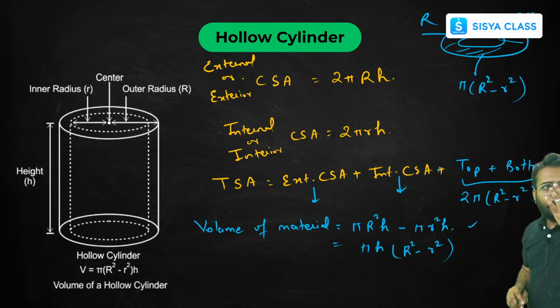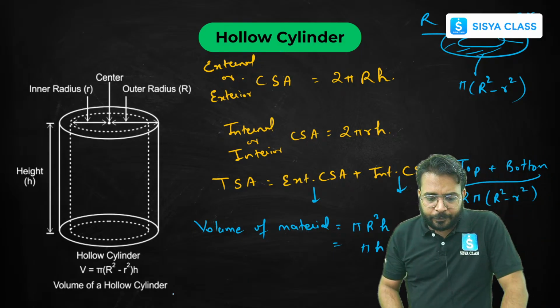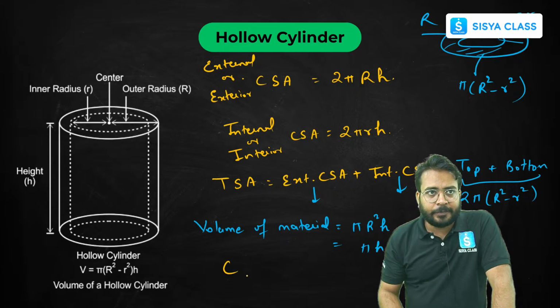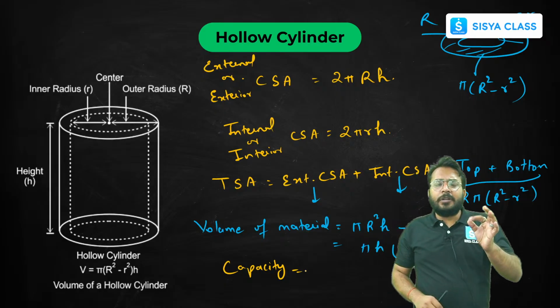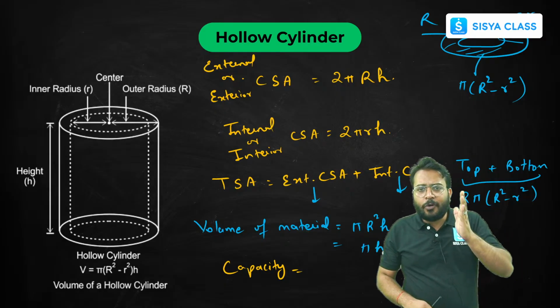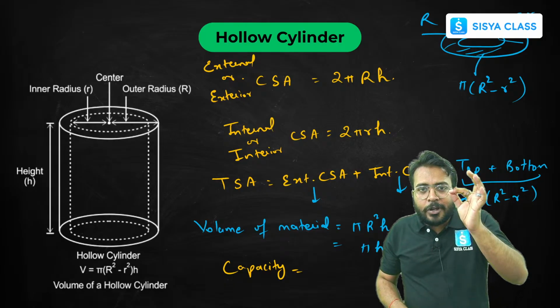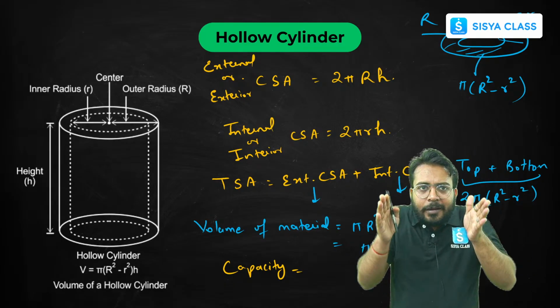Just see these formulas. Now one more question will be asked, that is capacity. Whenever they are asking a question for capacity for any solid shape or any hollow shape, you have to find out the volume of your internal surface.